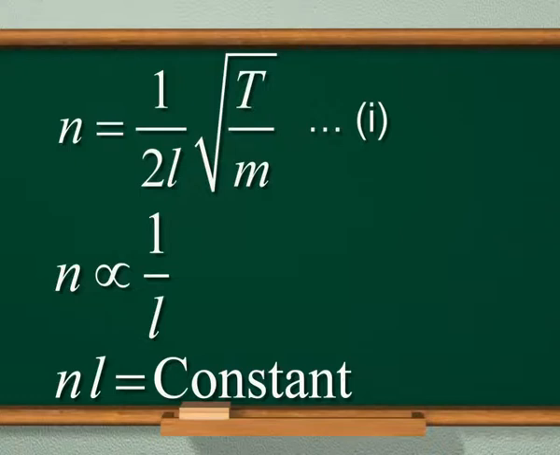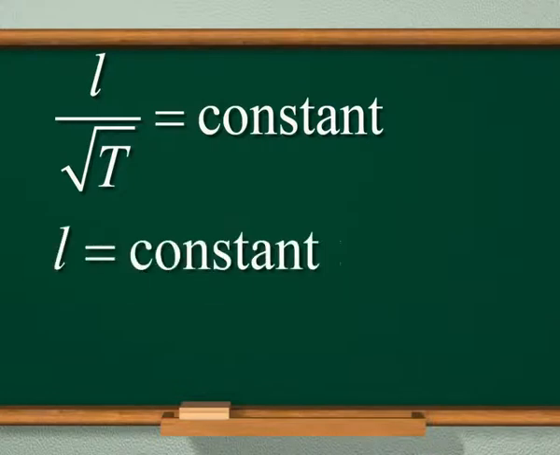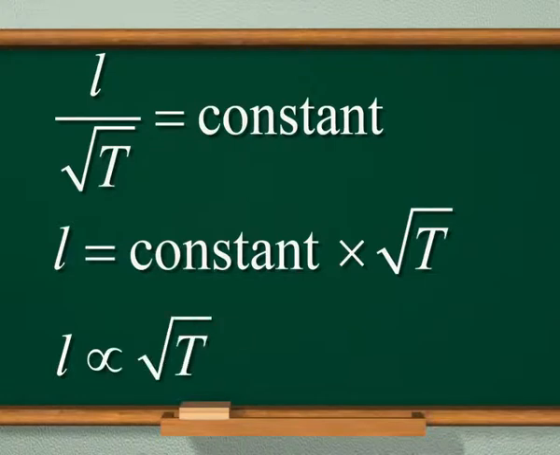Also, using equation 1, we can conclude that if the frequency n is constant, then L upon under root T is a constant. That is, L is equal to a constant into under root T. For constant n, this leads us to the fact that L is proportional to under root T, or L square is proportional to T.